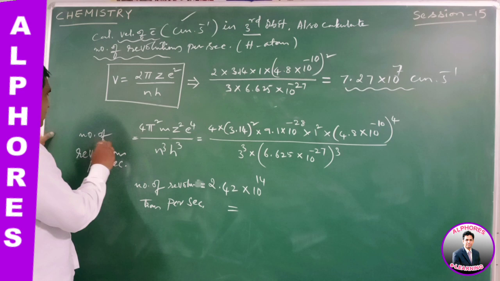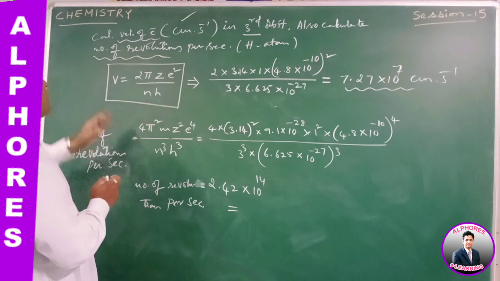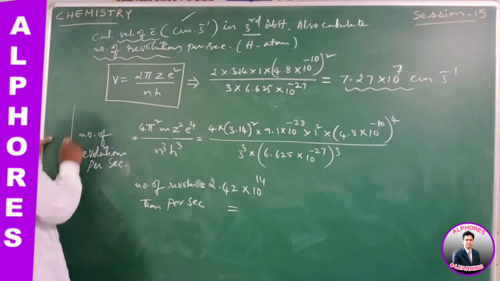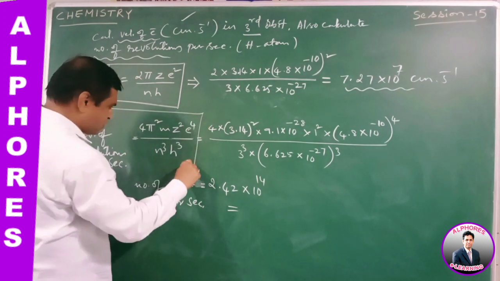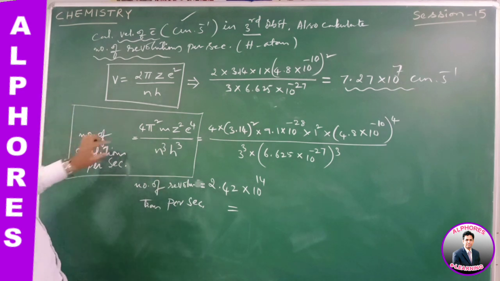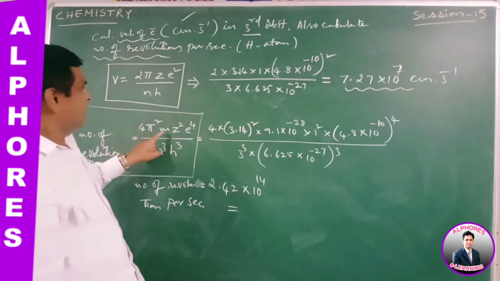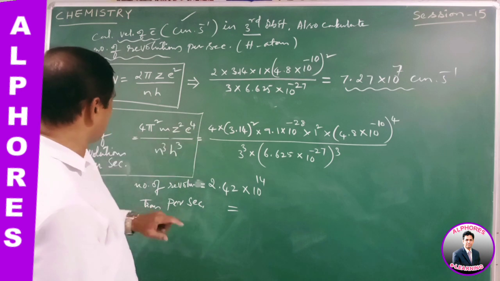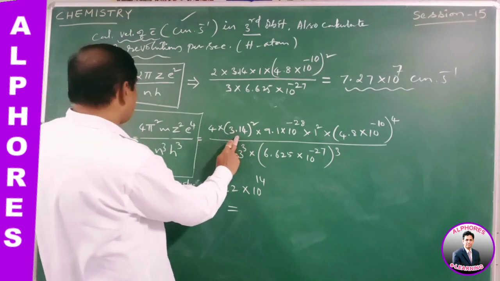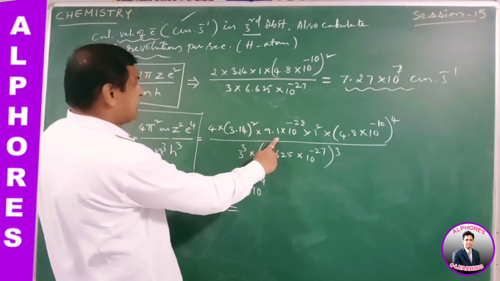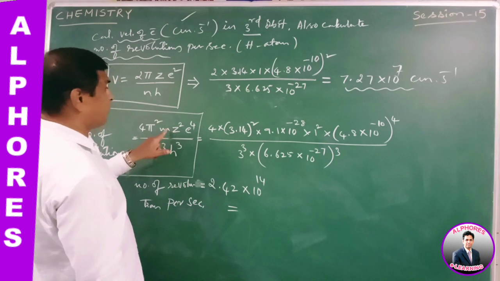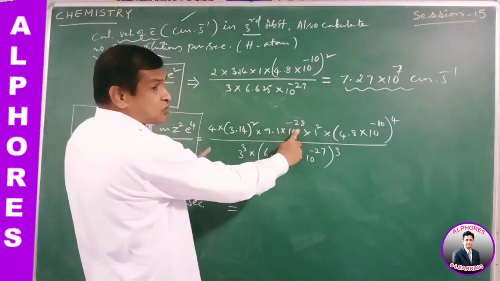Next, calculate the number of revolutions, he is asking. The number of revolutions is given by the formula 4π²mZ²e⁴ by n³h³. Mass of the electron should be remembered in grams, 9.1 into 10 to the power minus 28 grams, not in kgs.